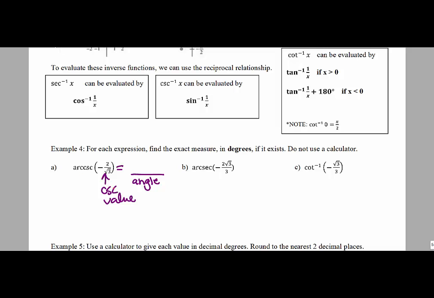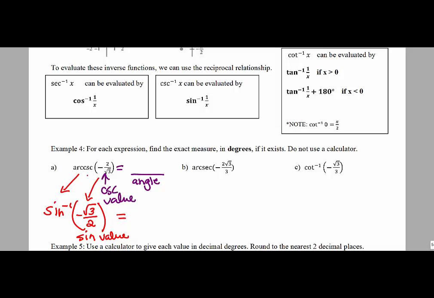When the angle has a cosecant value of negative 2 divided by the square root of 3, at the same time we are thinking about a sine value of the reciprocal. So we can use the reciprocal of both the function and the input. What we're looking for now is what angle has a sine value of negative square root of 3 divided by 2.